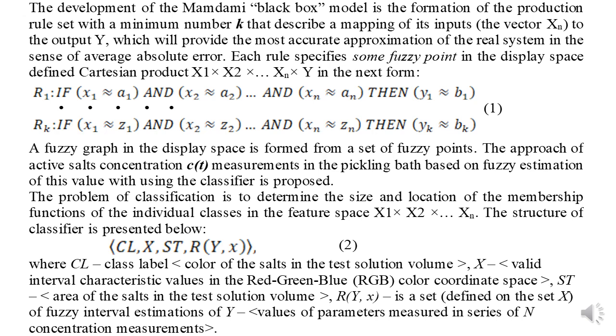The approach to determining active salt concentration C from time measurements in the pickling bath, based on fuzzy estimation of this value using a classifier, is proposed. The structure of the classifier is presented below in Equation 2, where Cl is the class label, the color of the salts in the test solution volume, x is the valid interval of characteristic values in the red, green, blue color coordinate space, and st is the area of the salts in the test solution volume.